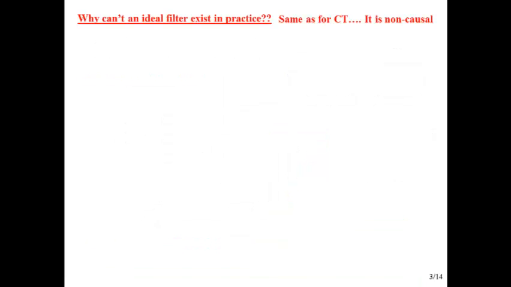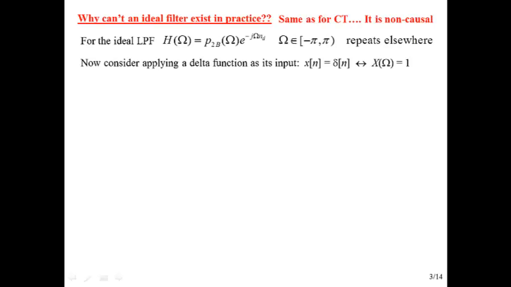So just like we did for the continuous time case, we ask, gee, could we actually get such an ideal filter? And the answer is, again, despite the power of discrete time, no, we can't. The main reason is that it's non-causal, so it's not really possible to make a filter that is non-causal. We can see the same kind of thing that we did before. We've got the rectangle here to represent that ideal magnitude response.